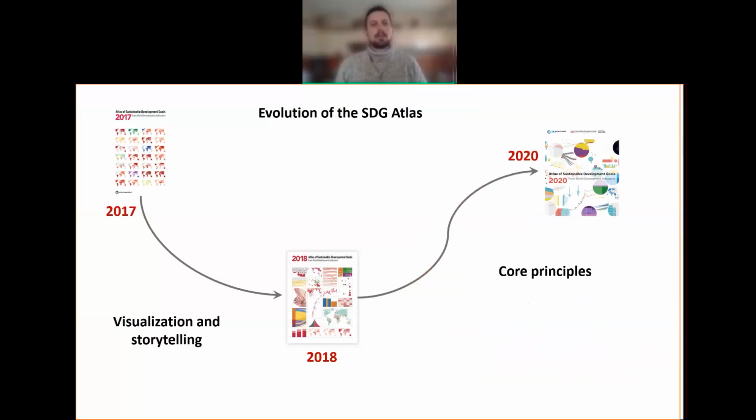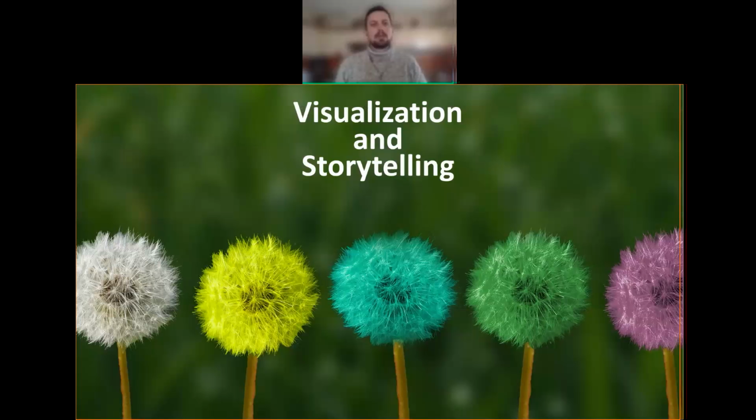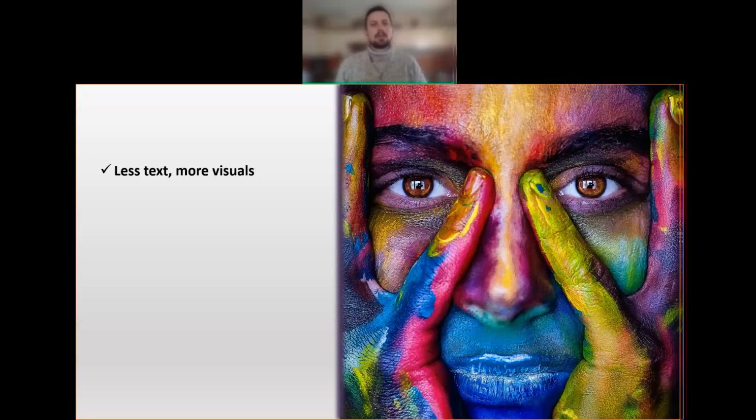All right, so let me jump right into this idea of visualization and storytelling in the Atlas. One of the core ideas, as I already mentioned, is that we want to have less text and more visuals. How does that look in practice?